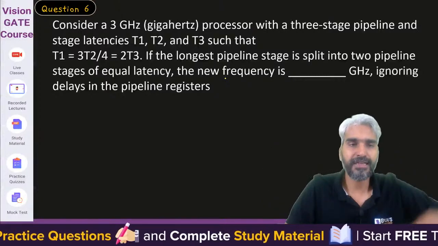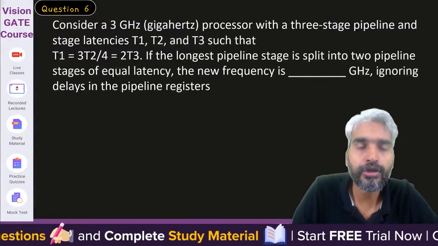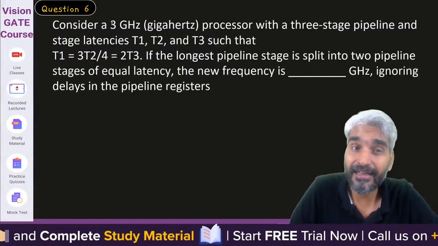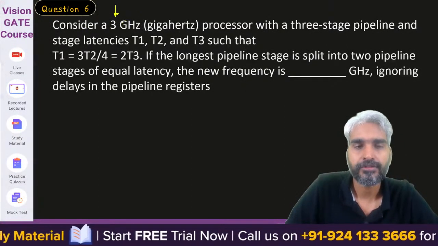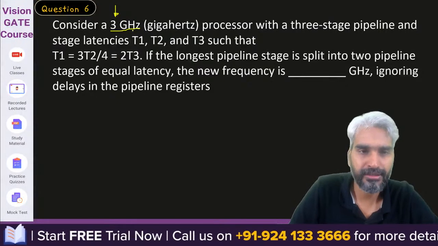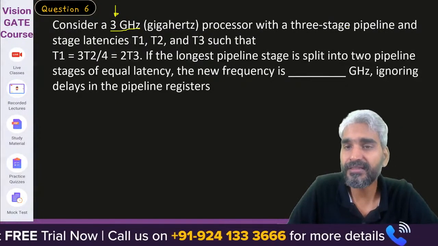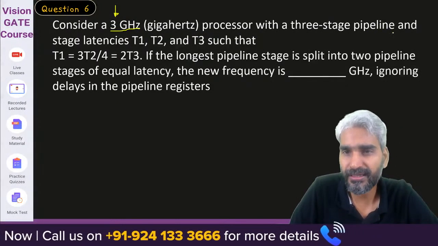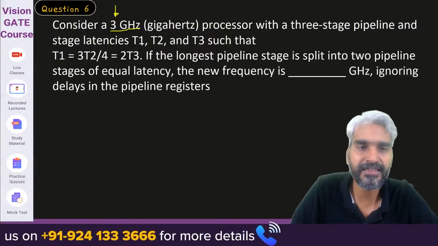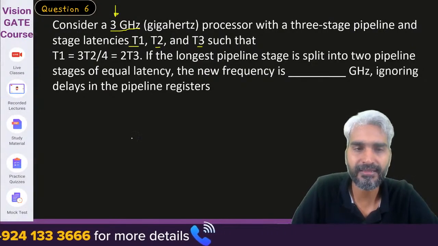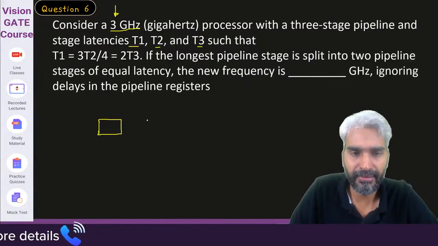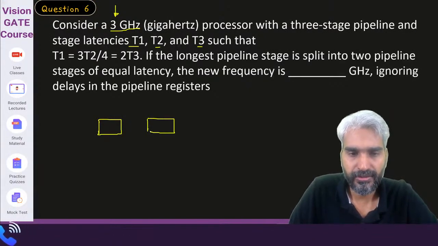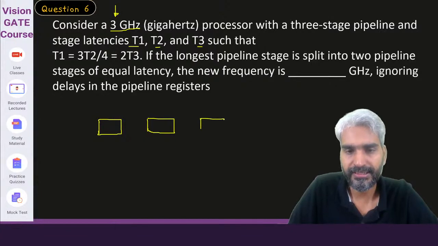This is again a very simple question related to the concept of pipeline. Consider a 3 gigahertz processor with a 3-stage pipeline, and stage latencies are T1, T2 and T3. Please try to understand that there are 3 stages in the pipeline: S1, S2, S3.